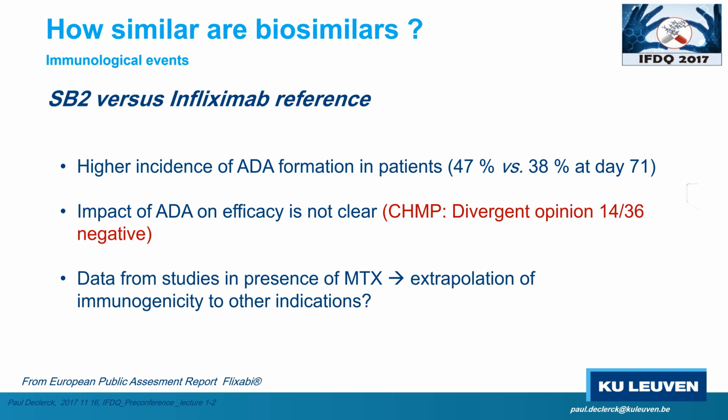But, you know, in a democracy, it's the majority that decides. So, if you calculate this, the majority was indeed in favor of the approval, and the product was then approved.